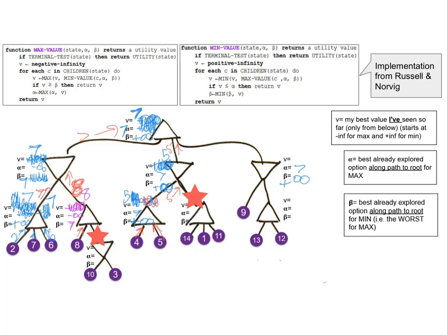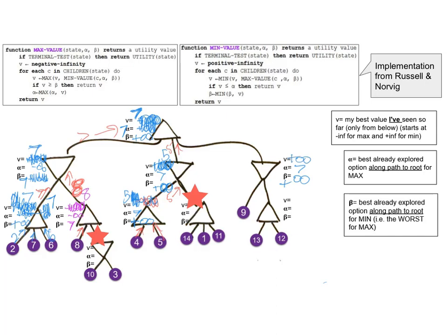And now let's see, what do we have to do? It says for each of the children here, is this a terminal state? No. V gets positive infinity, so V is going to equal positive infinity. Very good.